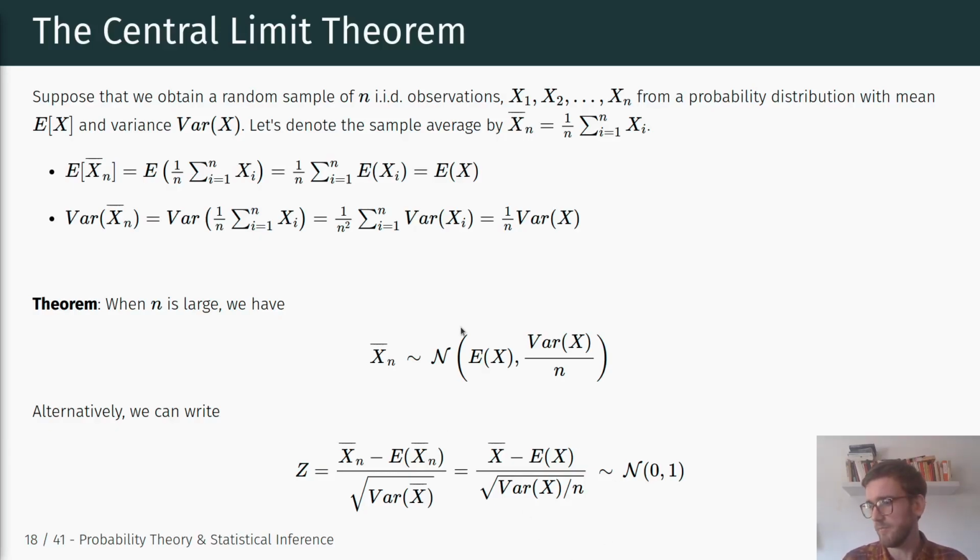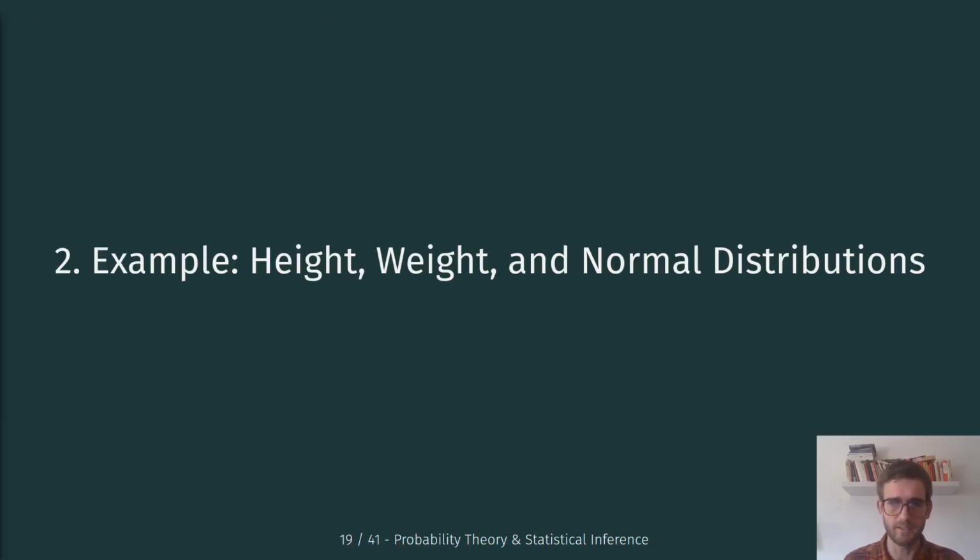Okay. All right, so that's our overview of the key mathematical concepts in probability theory. In the next video, I'm going to go through one coding example from the book focused on height, weight, and normal distributions.